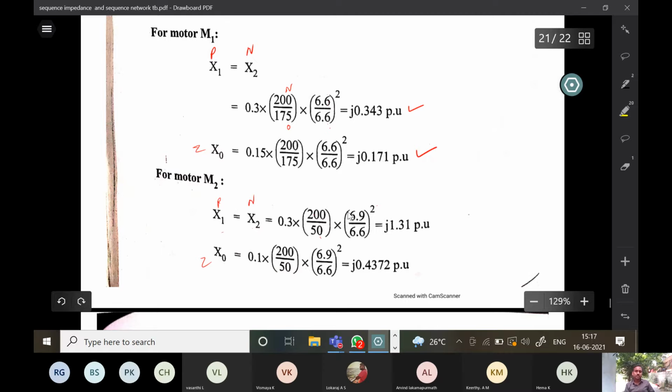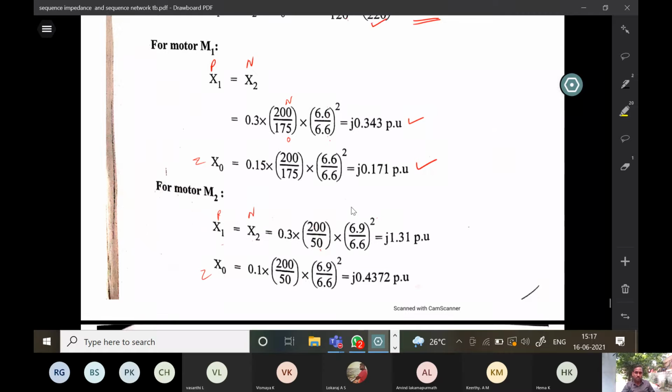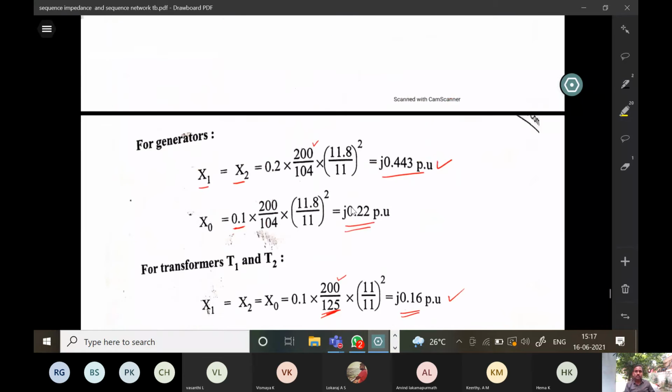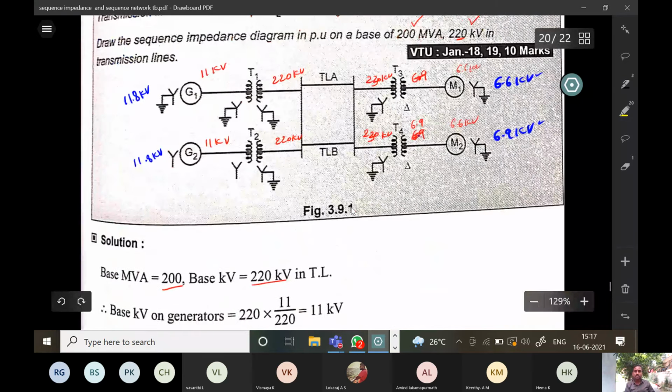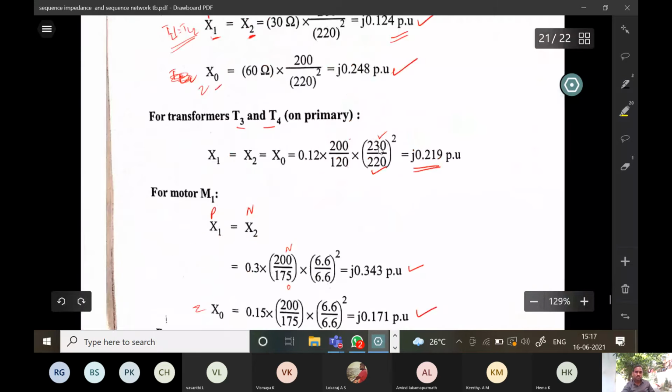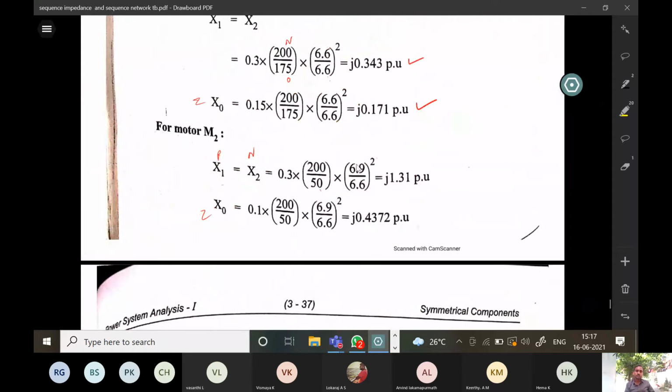In this case 6.9 is given on the motor side. 6.9 is the old base and 6.6 is the new base, so it is old by new squared. So we will get j1.31 per unit.